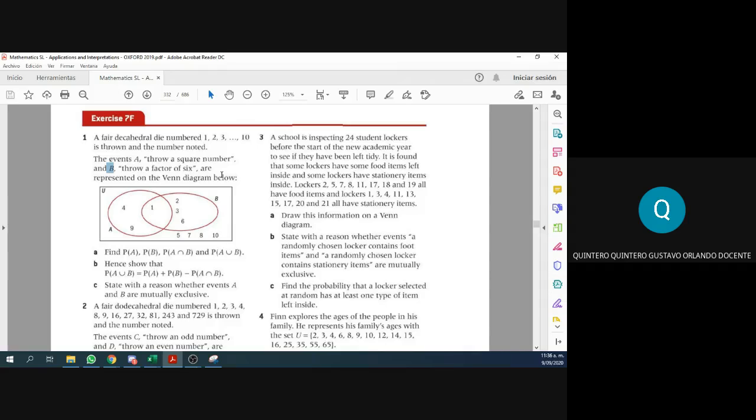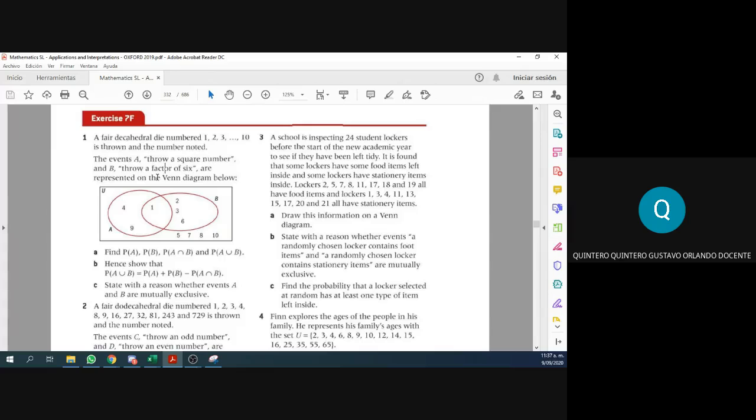In this case, a factor of 6 is a number that can divide 6. So the possible factors of the number 6 are 1, 2, 3, and 6. Because only those 4 numbers can divide 6 without having decimals.